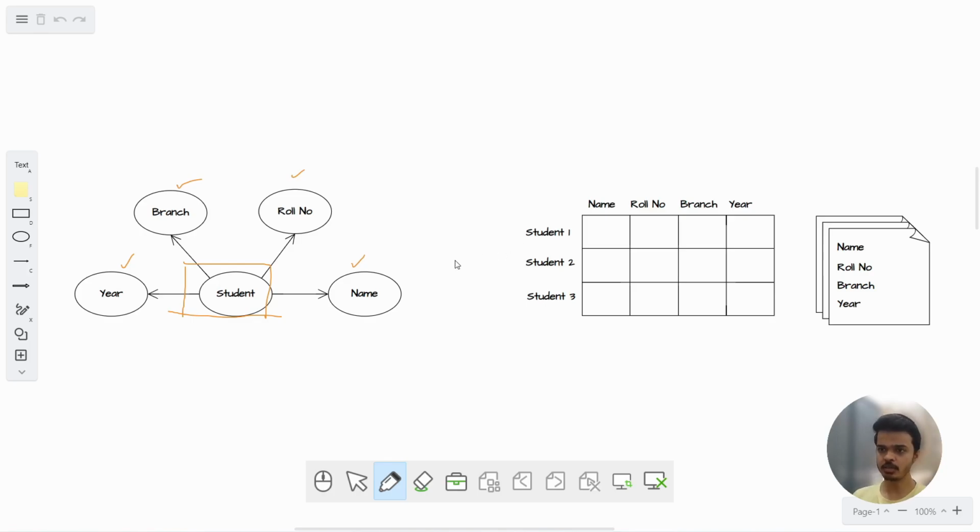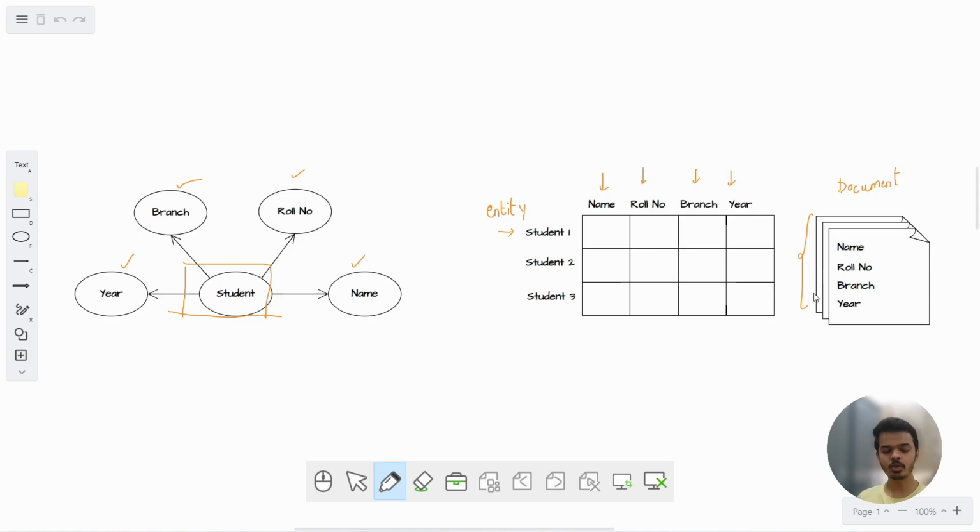In the table, the row represents an entity and the columns represent attributes. For each student, that is for each entity, all the attributes are going to be the same. Each student will have roll number, name, branch, and year. Now this kind of data can also be stored in the form of a document, where each document represents an entity and all the attributes can be mentioned in the document.